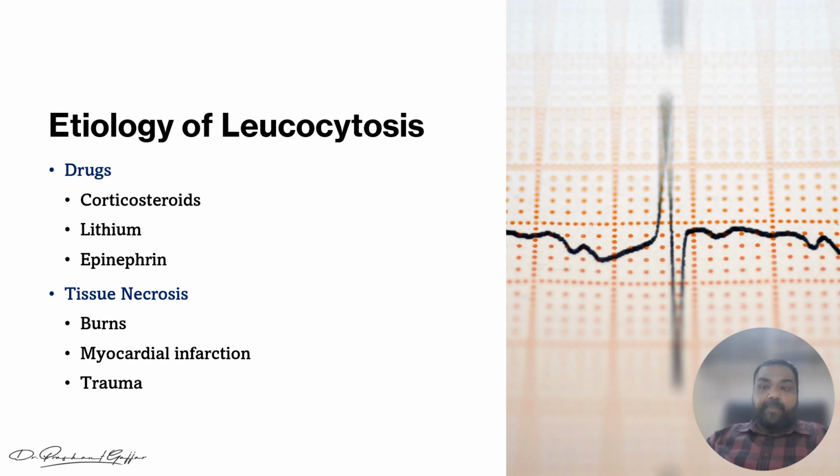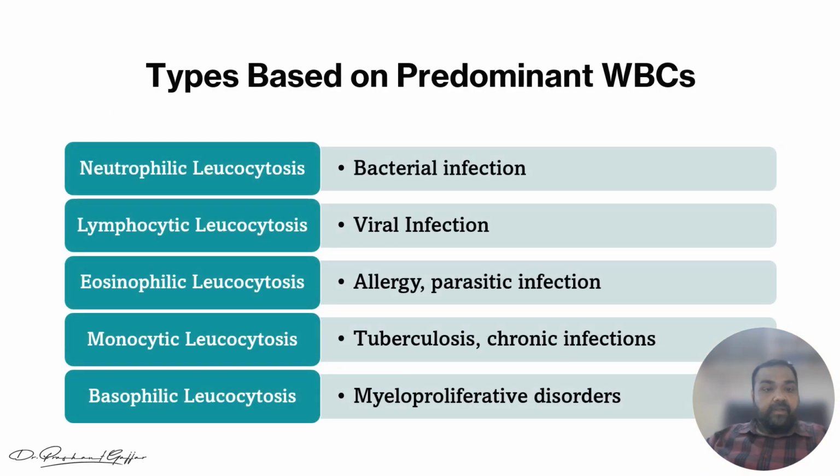So let's see the types based on the predominant WBCs. First, neutrophilic leukocytosis. In this case, only the neutrophil will be increased, right? At that time you may consider a bacterial infection.